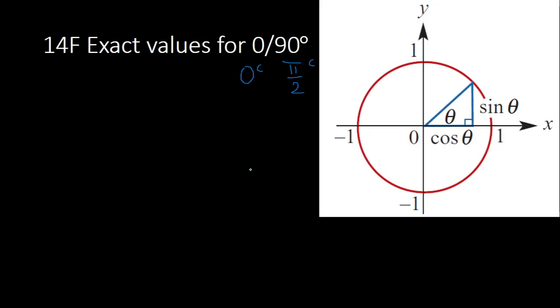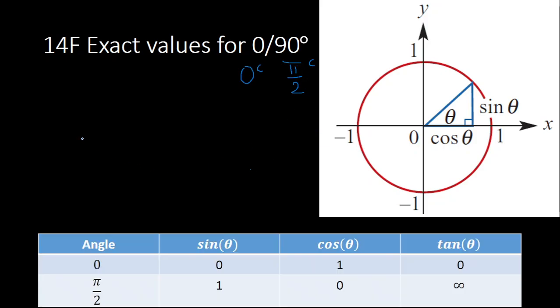Alright. So for 0 and 90 degrees, for 0 degrees, you're going to be down here where the coordinates are 1 and 0. Therefore, cos of 0 is 1, sine of 0 is 0. So that's your y coordinate, that's your x coordinate.